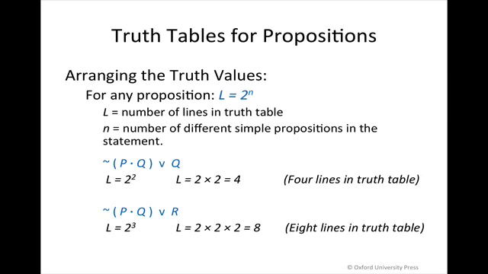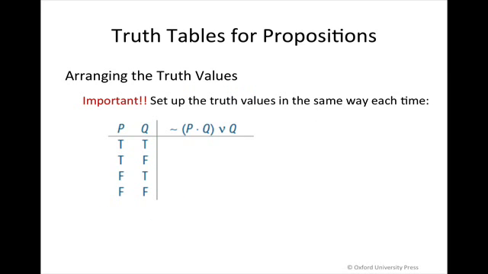In other words, every first simple sentence is going to take half true, half false of however many lines in the truth table there are, and the last sentence is always going to alternate true, false, true, false. Let's go ahead and see how this works out.